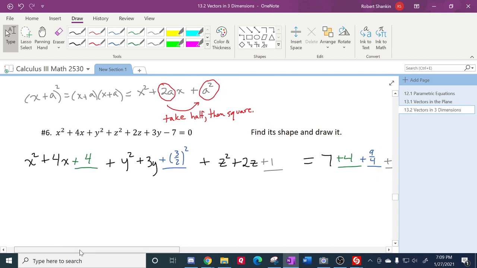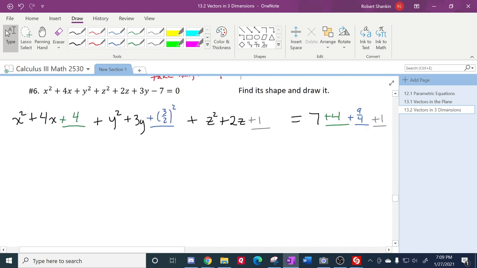Alright, so then each one of these is now a perfect trinomial square. It's set up that way. x plus 2, squared. y plus 3/2, squared. And you can kind of check it out.